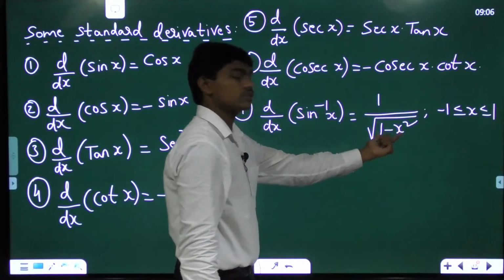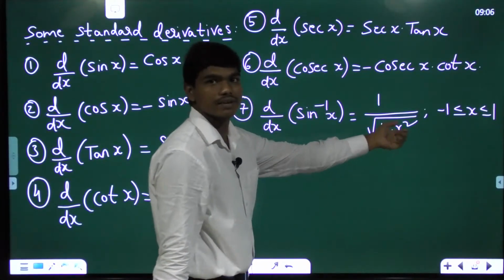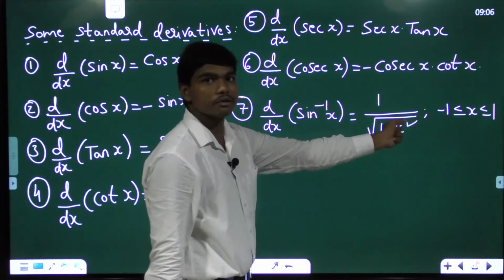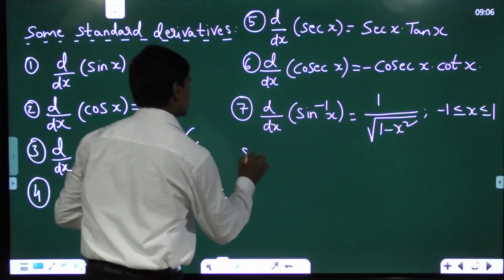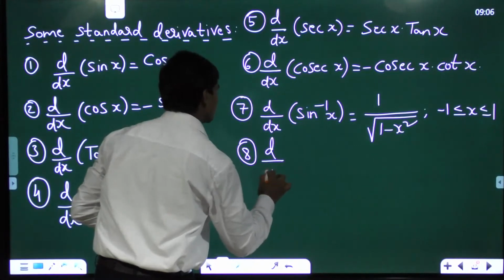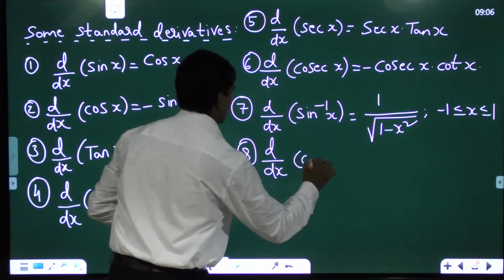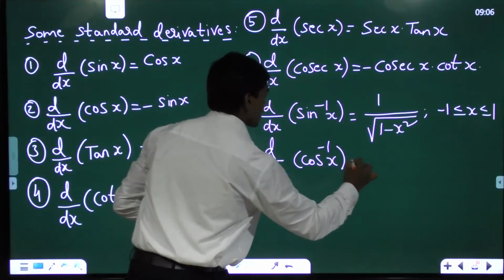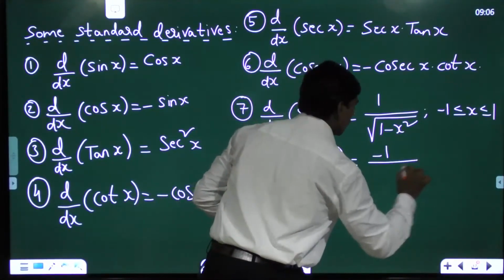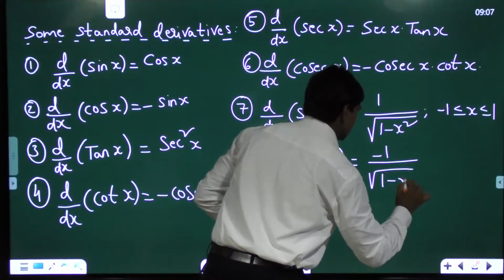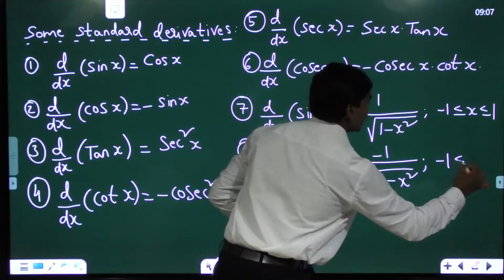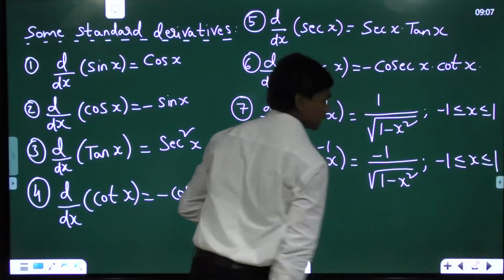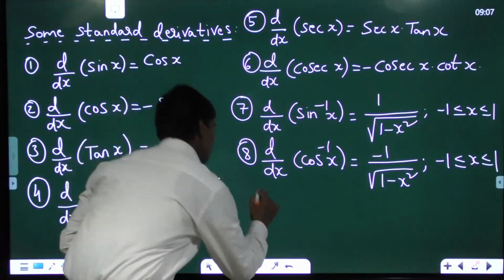And of course, this denominator doesn't get valid if x is more than 1, since we are getting negative numbers inside the root. So what's the differentiation of cos inverse x? Minus 1 by root of 1 minus x square. Again, where this is the case. Correct? 9.